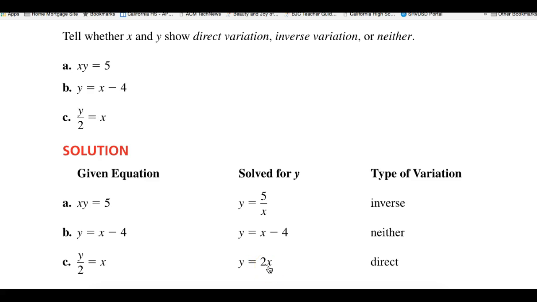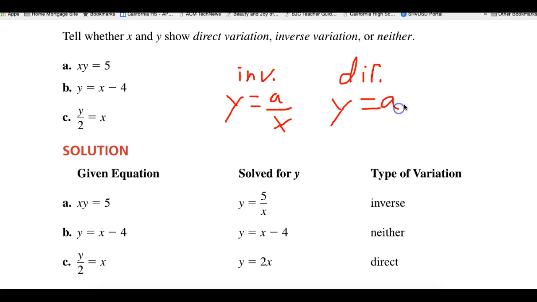So your two keys right here are for inverse variation and direct variation. Here's what your two formulas look like. Inverse is going to be y equals a over x, and direct variation is when you have y equals a constant a times x.